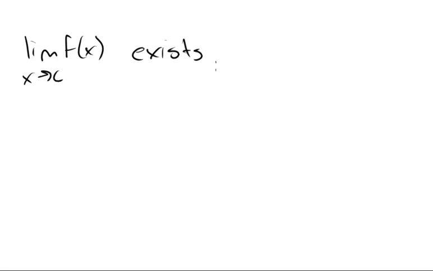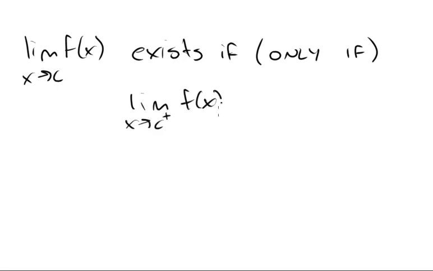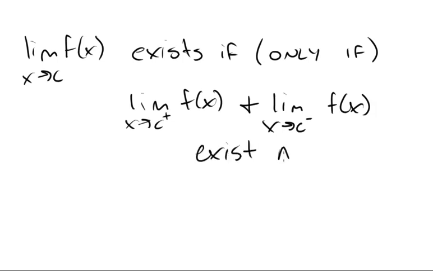So basically, a two-sided limit exists if and only if both the one-sided limits exist at the same point, c, and are equal.